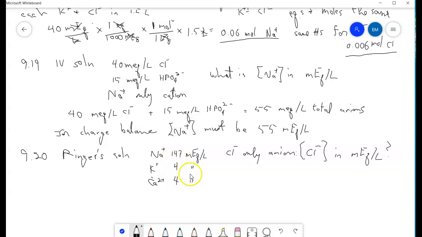So 147 plus 8 is going to be 155 milliequivalents per liter. This is all per liter. Okay, this is still per liter, so we're in good shape. It's going to be 155 milliequivalents per liter.